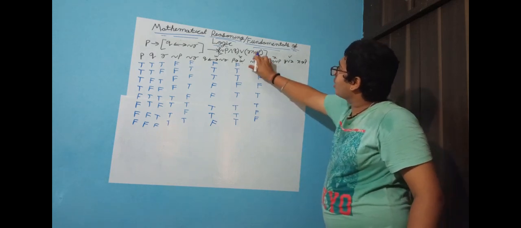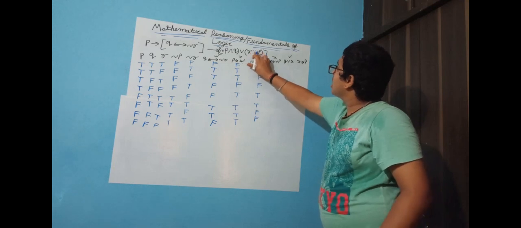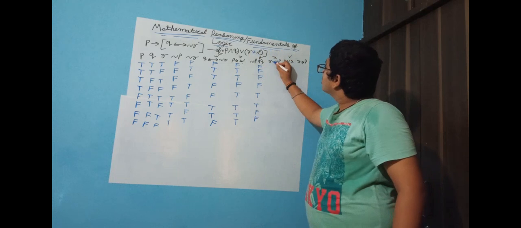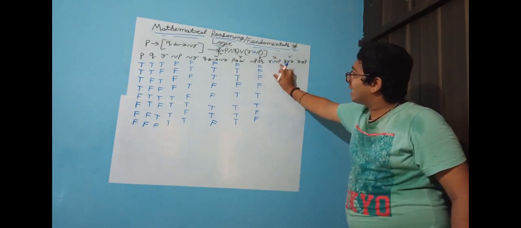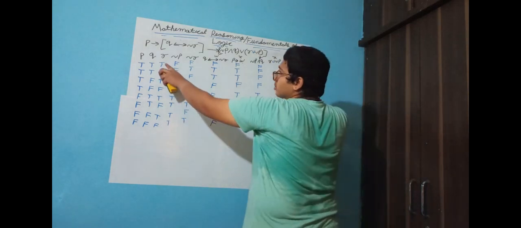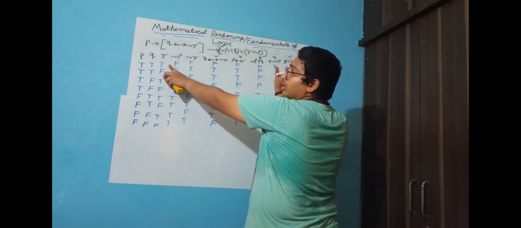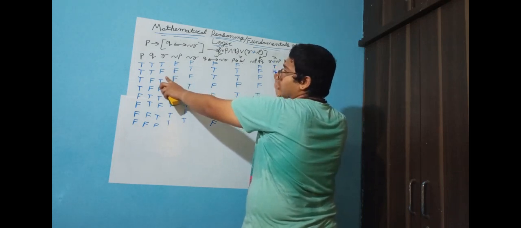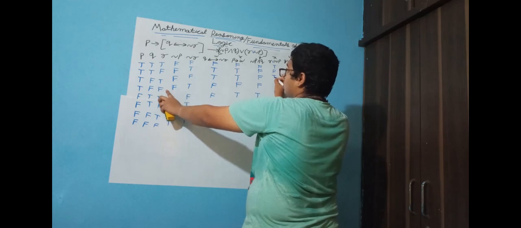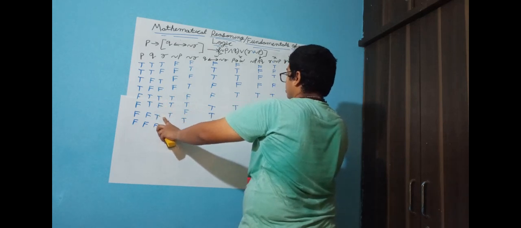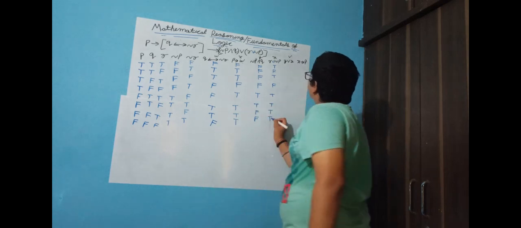This is what and. Since we have done and already, here a small change I am doing. Take it as or. R or negation P. R or negation P. At least one true, it will be true. True, false, true, false, true, true, true, true.